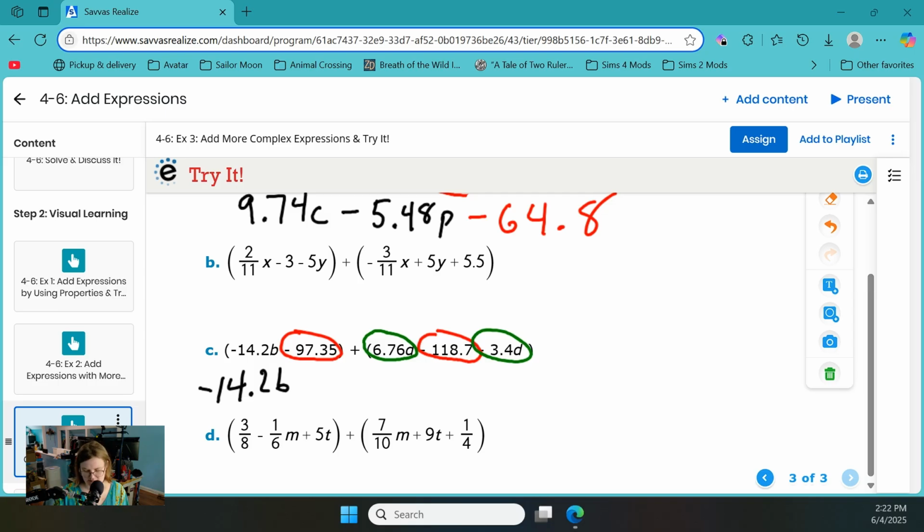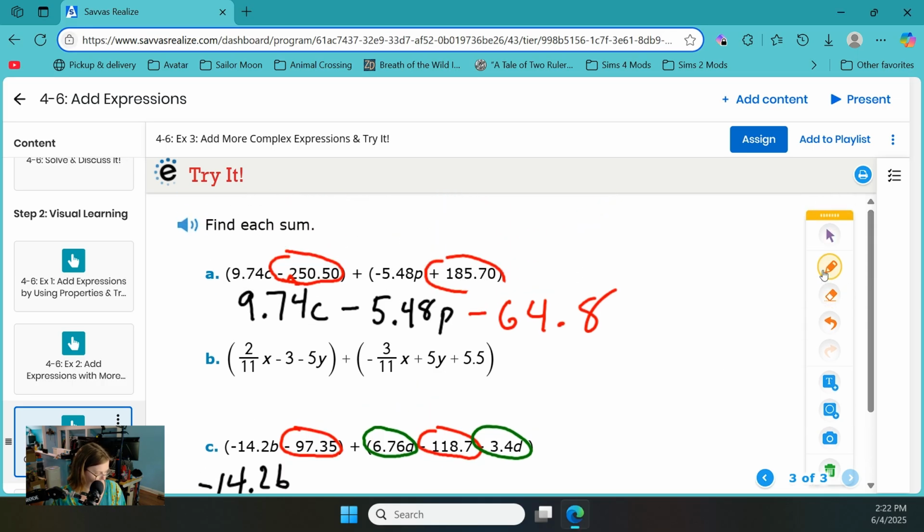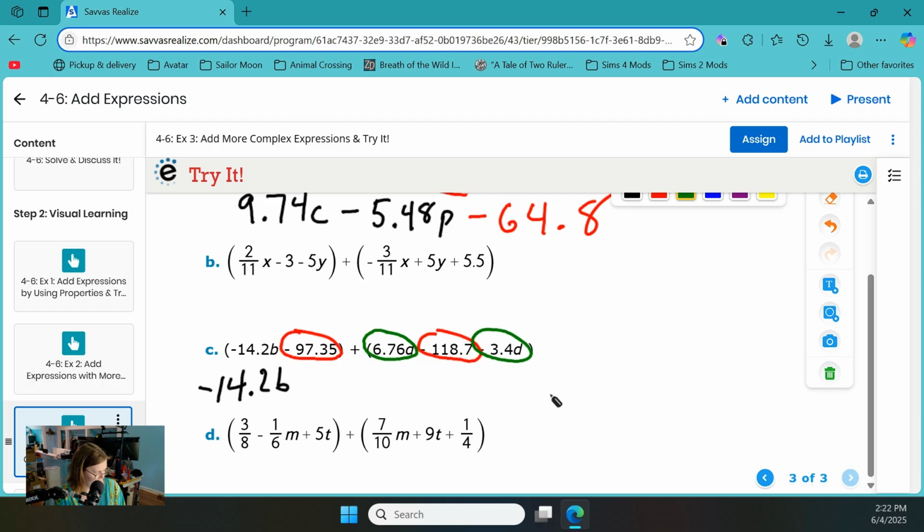positive 6.76d minus 3.4d. That would be, let me make sure. Okay, I'm still in green. That would be positive 3.36d.